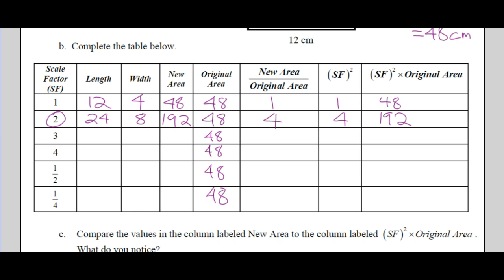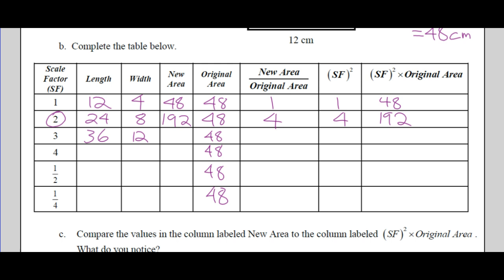Scale factor of 3. The length was 12, now it's 36. Width was 4, now it's 12. So what do you think is going to happen to the area if I triple this dimension and I triple this dimension? Let's see.